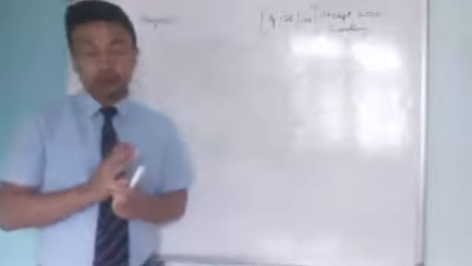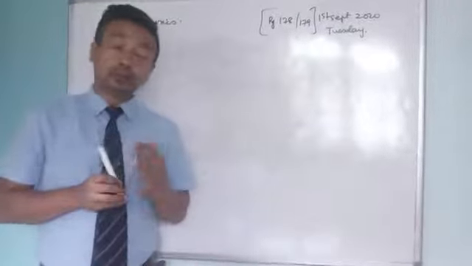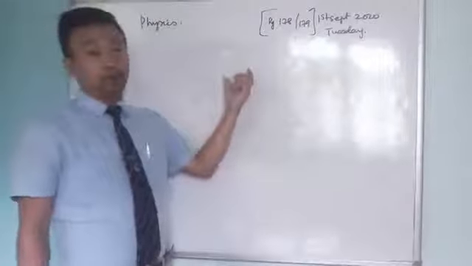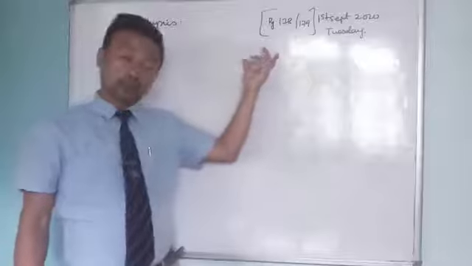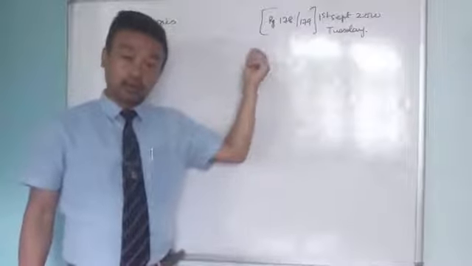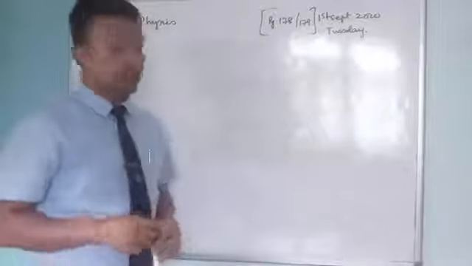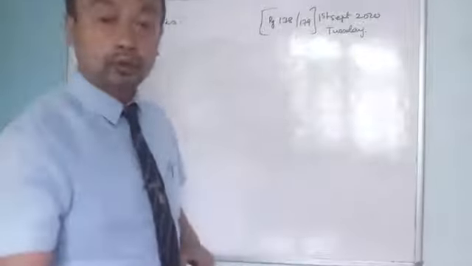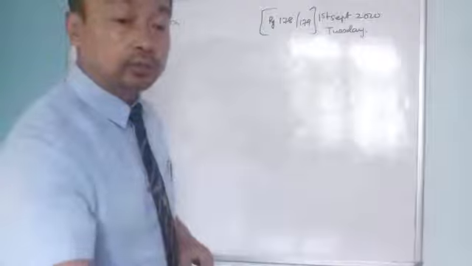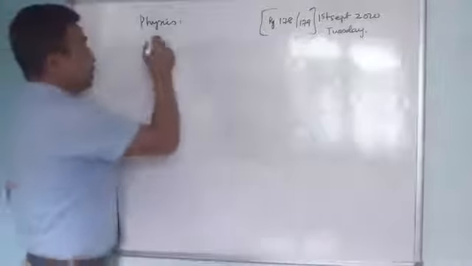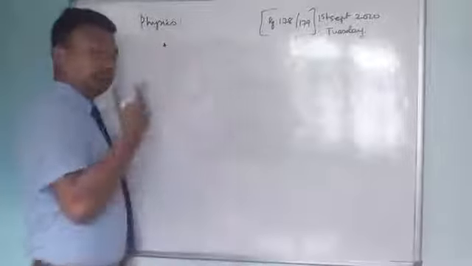In the potential, the symbol was V and the unit was volt, which is also V. Now today from the Ohm's law we came to another term, resistance. The symbol is R and the unit is ohm.